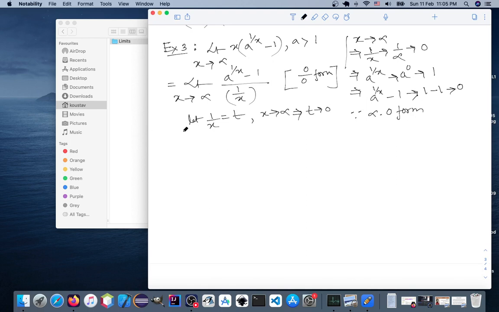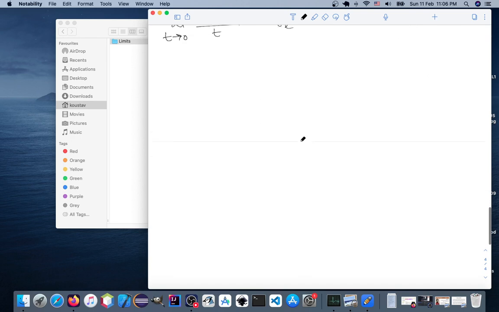So the limit becomes limit t tends to 0 of (a to the power t minus 1) divided by t, and we have the standard result. This is log e a. Let's see the next problem.